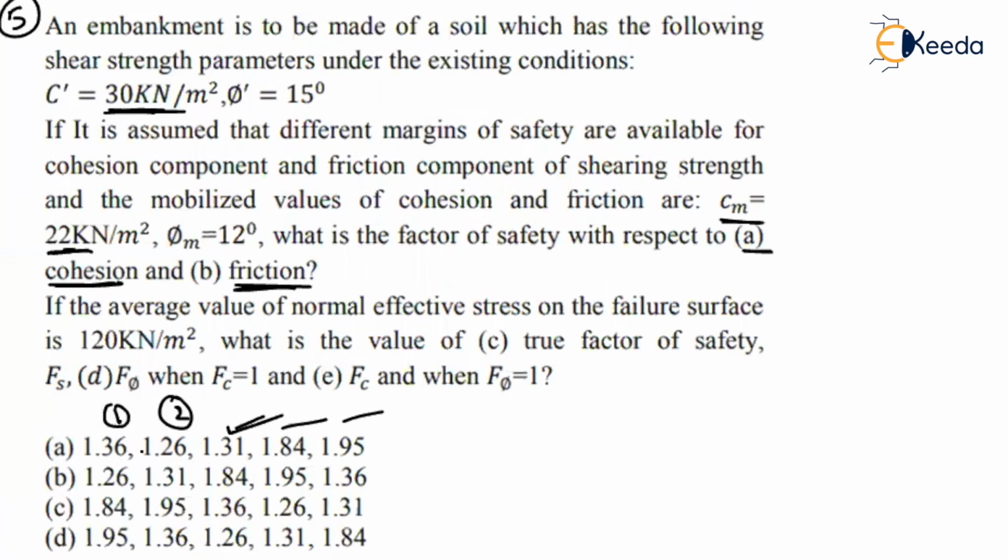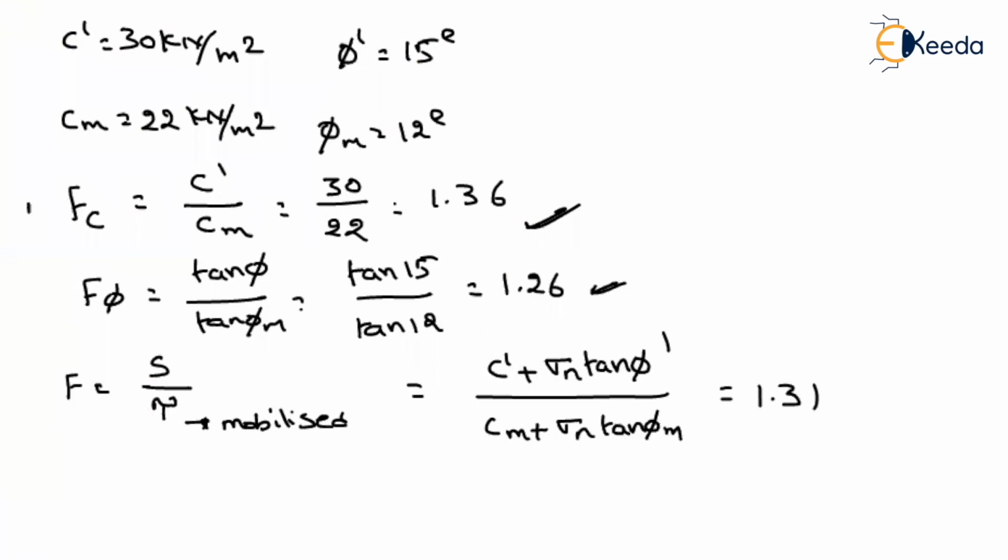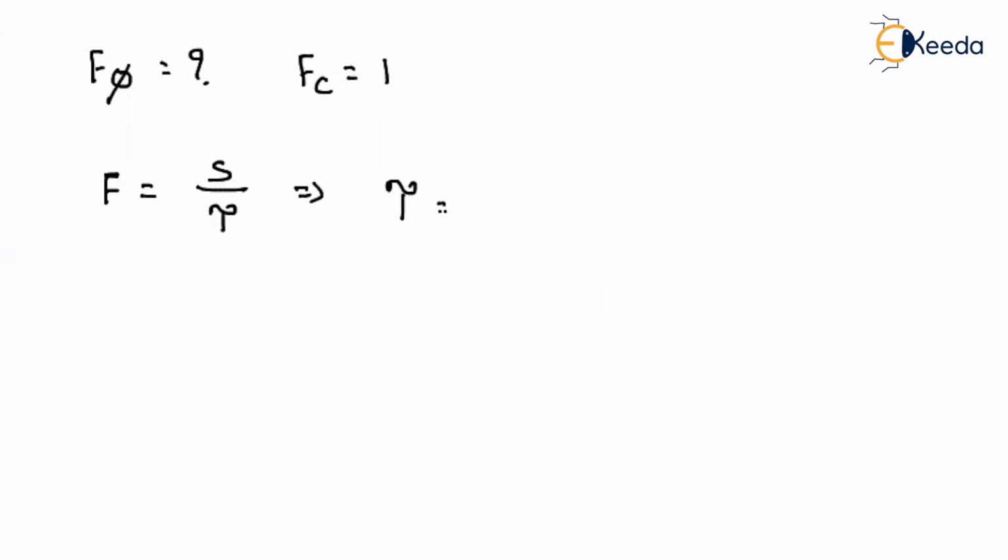Then what about the last options? We have to find the factor of safety with respect to friction when Fc is equal to 1. So whatever we have written, if I separate that equation, what will I get? F will be equal to S divided by tau, which implies tau is equal to S divided by factor of safety.